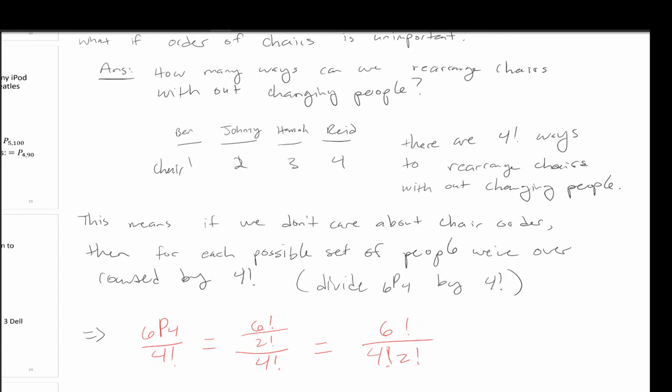And then for each one of those, Johnny then has 3 options for any of his remaining chairs, and Hannah has 2 options and Reed has 1 option. So the idea we had with the multiplication rule or the product rule was that for each option, the other people have a different number of options for their chair.